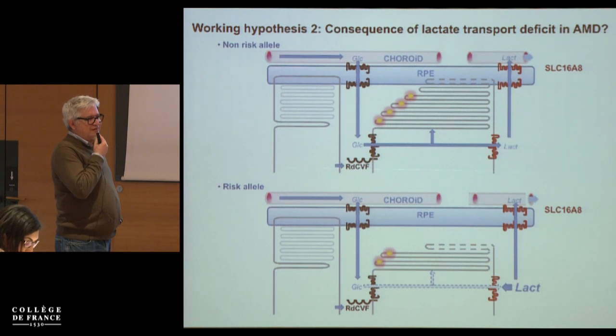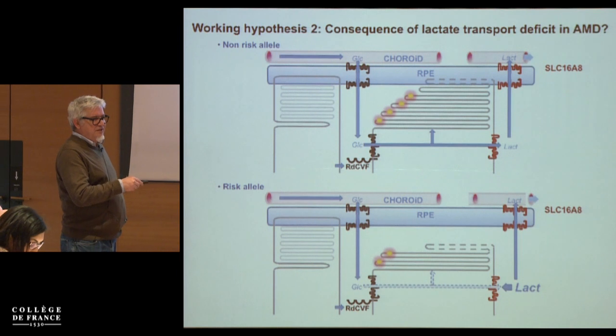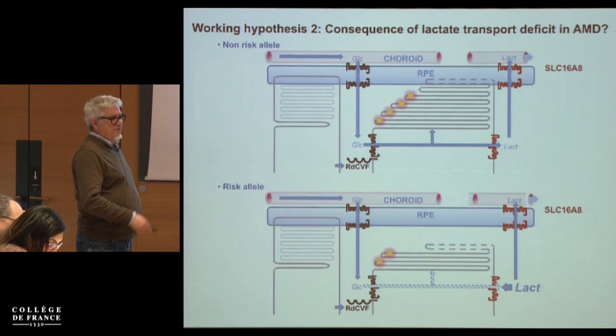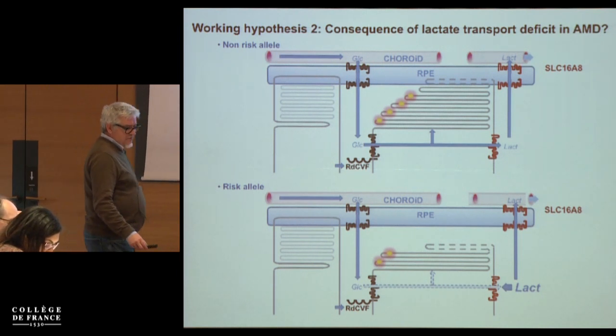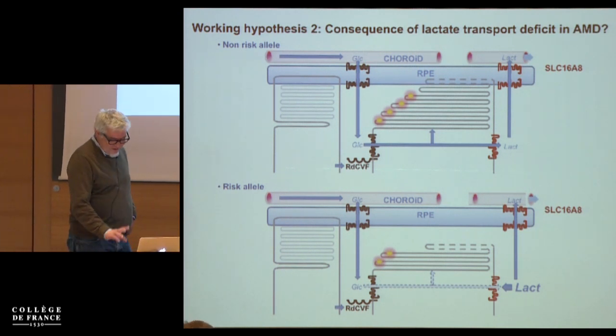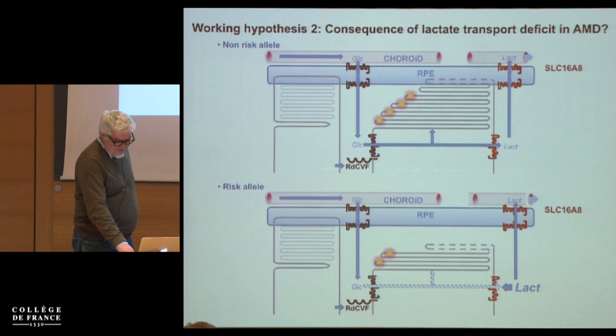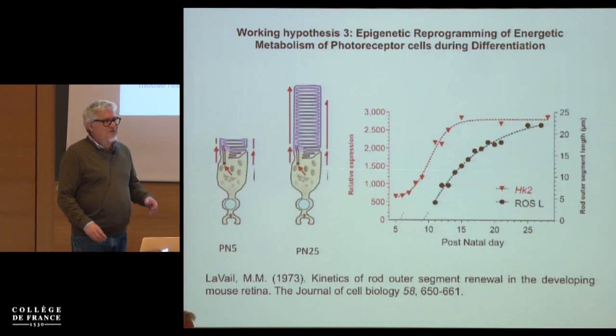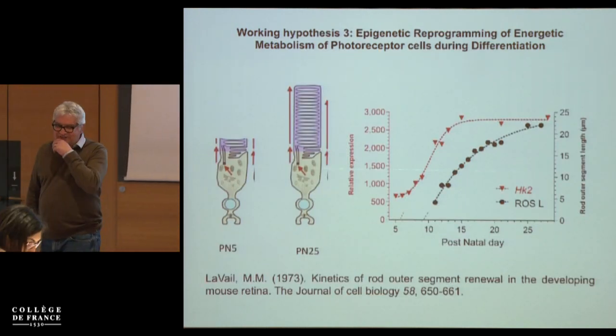It's bidirectional, so unless there's a proton gradient, it will transport from high to low concentration. So the scheme is, if you have a defect here, you have an increase in the retina, you will oppose. Yes. Okay, just to be sure. This was my second hypothesis. Thank you. Two hypotheses.